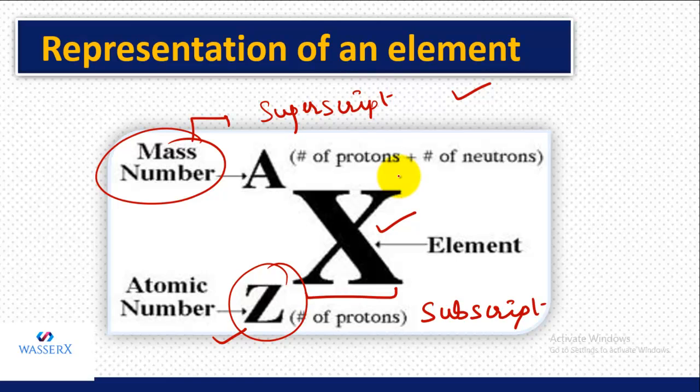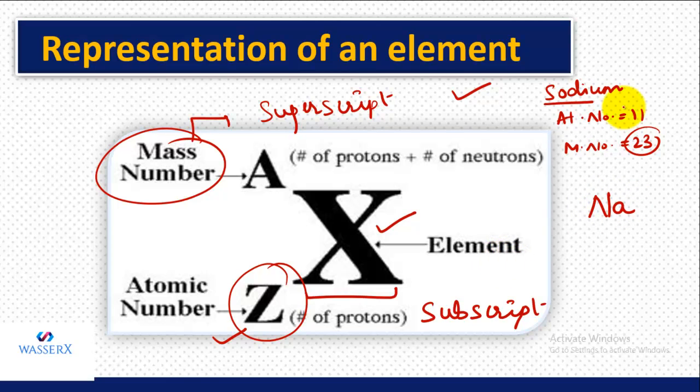Like if I talk about sodium, and you know that the atomic number for sodium is 11 and the mass number for sodium is 23. The mass number you need to remember, right? So how you're going to write it? First, I'm going to write its symbol. I know that its symbol is Na.